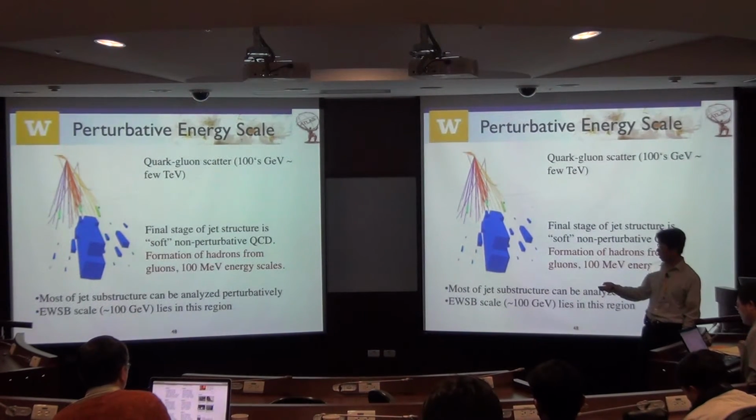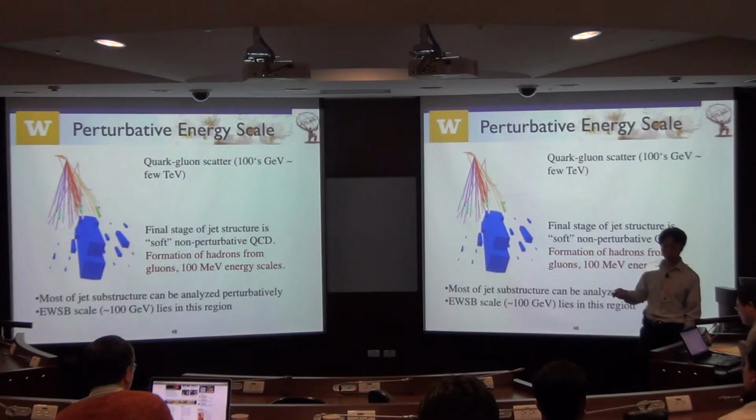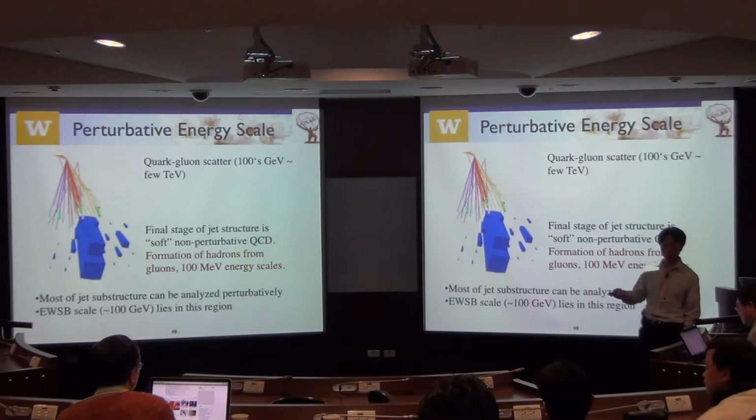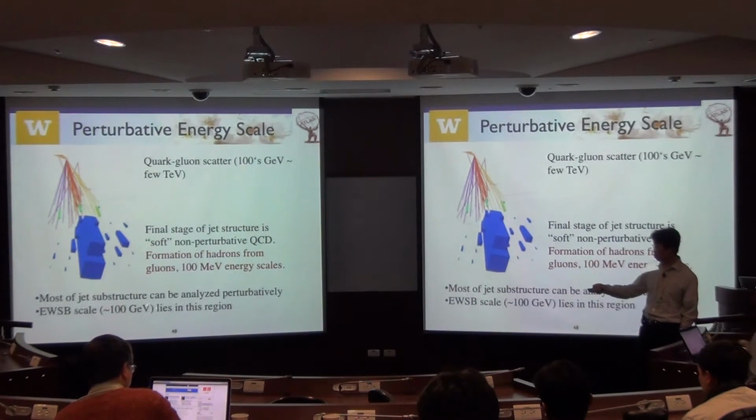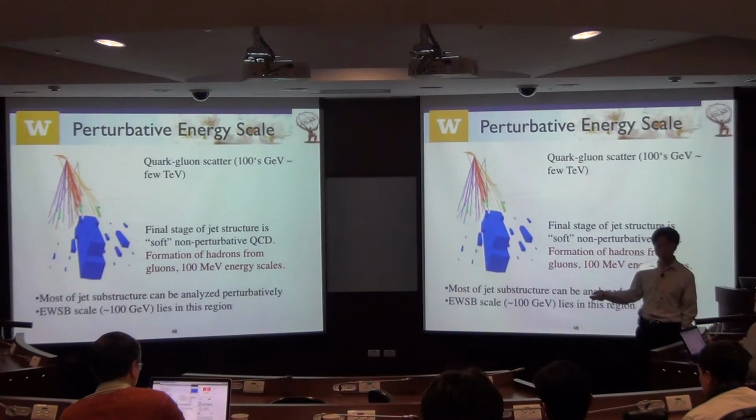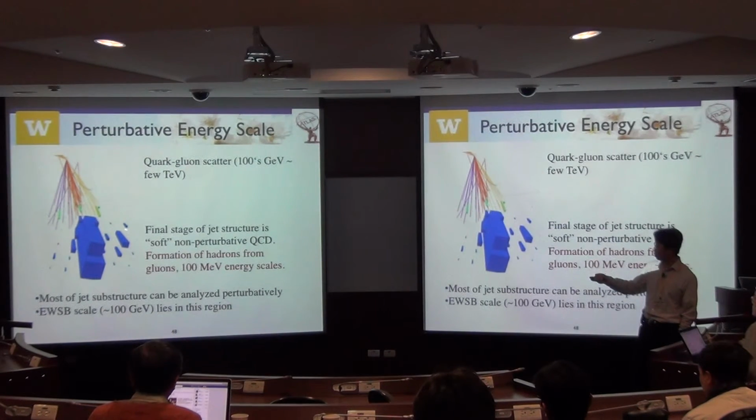This enables precision QCD calculation, and we can compare to the measurement at the LHC. The other thing is that the electroweak scale, the W boson, Z boson, and Higgs boson, is around the 100 GeV scale, so they are also within this calculation scale.